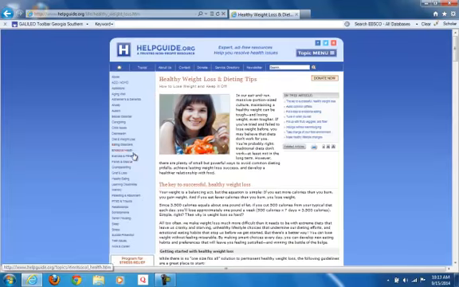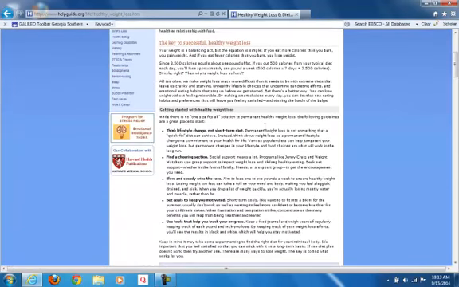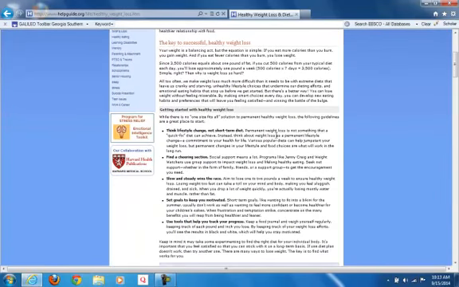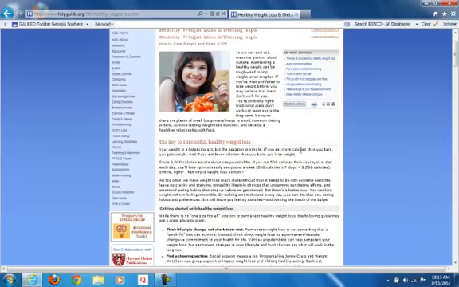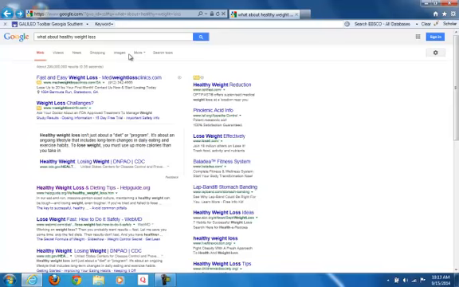It's called Healthy Weight Loss and Dieting Tips. Looks like that might have some information. Then I would read a couple sentences on the top and look at the highlighted words, see what those are about. And that looks cool. I might take some notes on this article too and put it on Word and highlight the address on the website so I can cite it later.